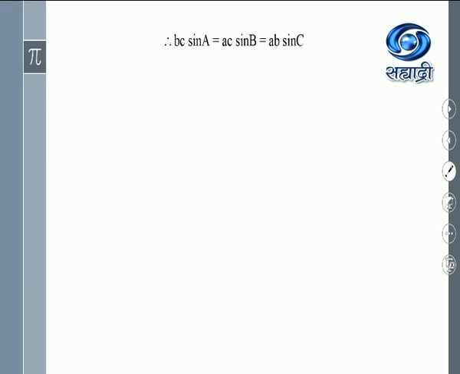Therefore bc sin A is equal to ac sin B is equal to ab sin C.